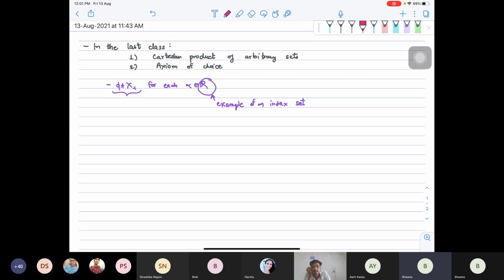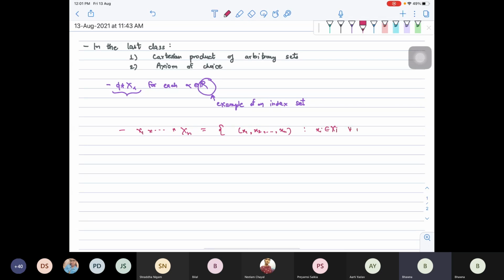Okay, so I'll just repeat again. So what happened was we knew Cartesian product of x1 cross xn. That means we knew what was that. It was classically defined to be ordered tuple x1, x2, xn such that xi belongs to capital Xi for all i. Right? And from that we did an identification. Our aim was to get rid of the order.